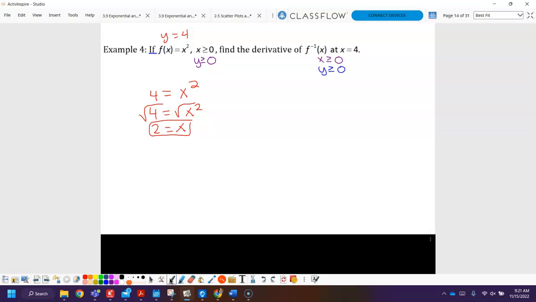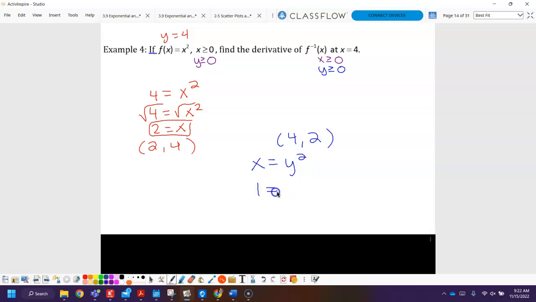So 2 is my x value, then my y is 4, so in my original graph I have the point (2, 4). On my inverse graph, that's the point (4, 2). So then your derivative becomes x equals y squared.